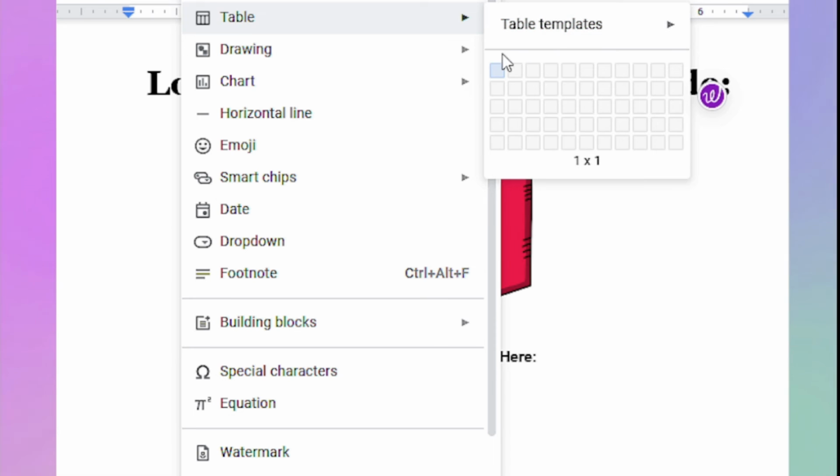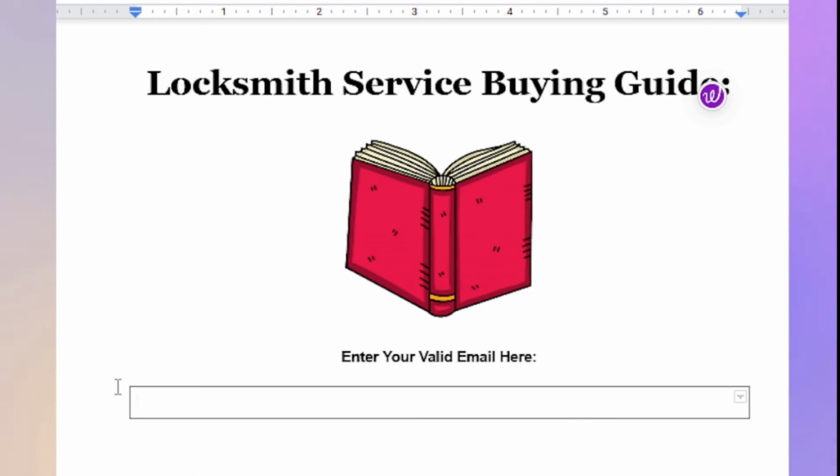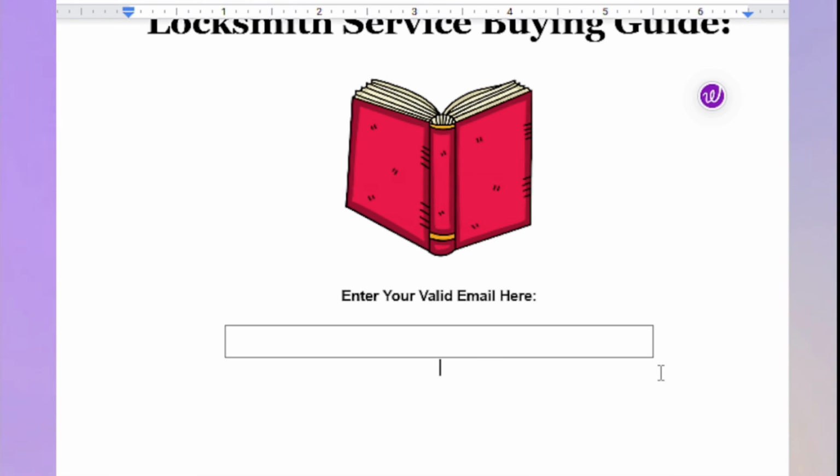So table 1, I need to come on. Yeah, so this is our table, and let's do the actual call to action. Download, call to action button, I should say, instantly.